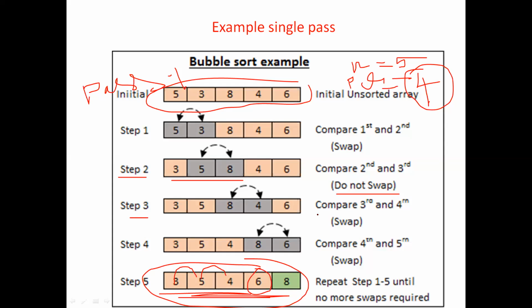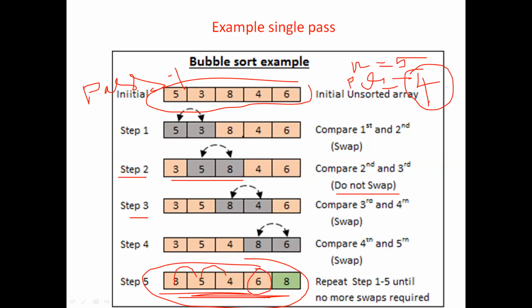From this we come to know that for a given n elements, the number of passes is n minus 1. You have to know this. For n elements, in the case of bubble sort, the number of passes is n minus 1, that is 4.